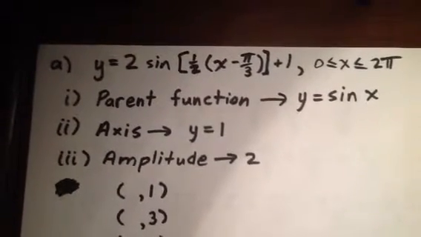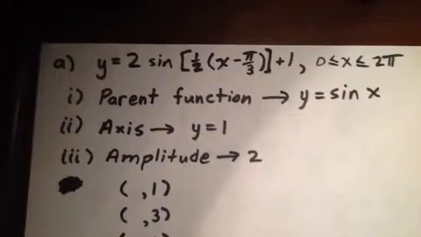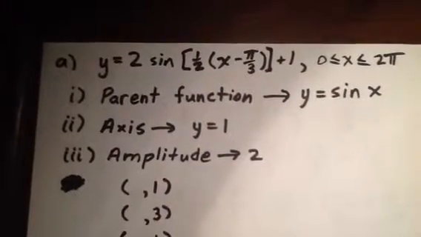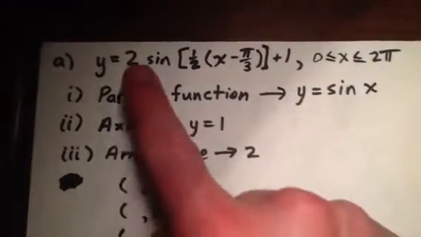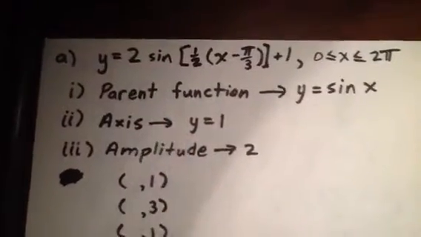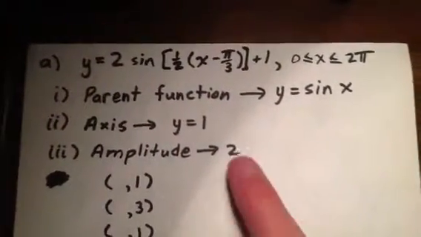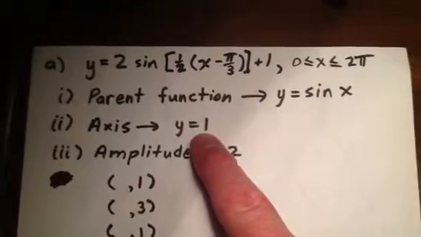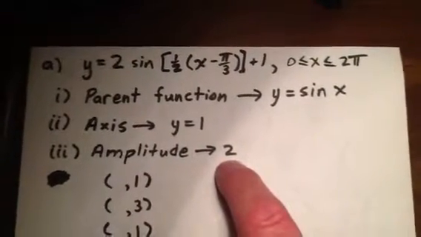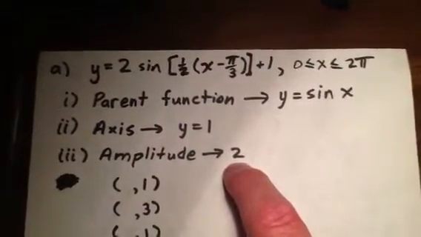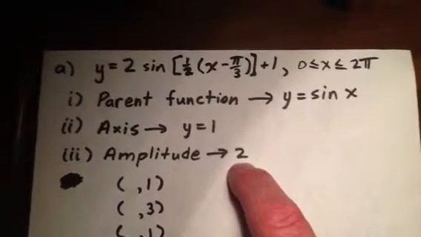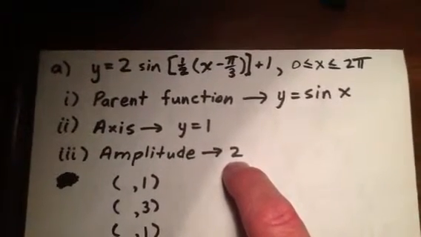The amplitude is always the absolute value of the a value, which in this case is 2. What that means is that our axis of symmetry will have a y value of 1, and then from there our maximum y value will be 2 above 1, and our minimum y value will be 2 below 1.